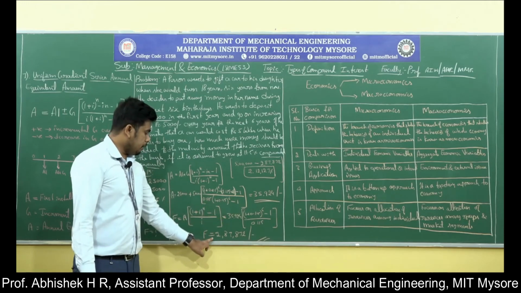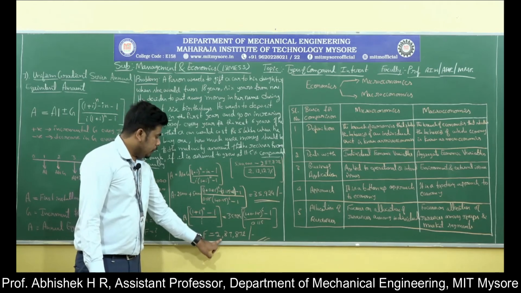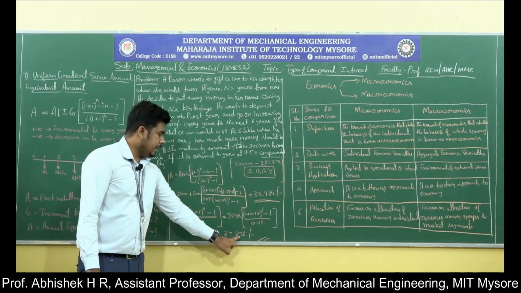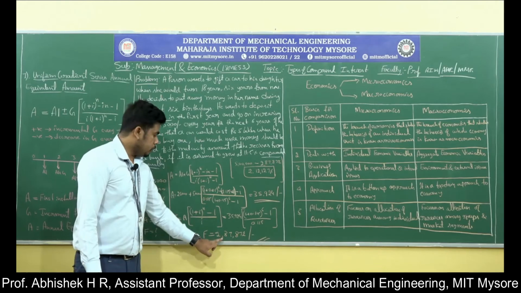So you will get the future sum of amount F is equal to 2,87,872 rupees.